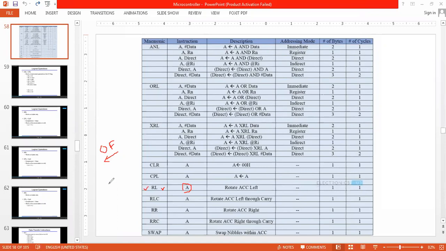It is going to be 1EH. No, it is 1 complete byte, not only 4 bits. Yeah, 0001 1110, no. Correct. 0, 0, 0, 1, 1, 1, 1, 0.